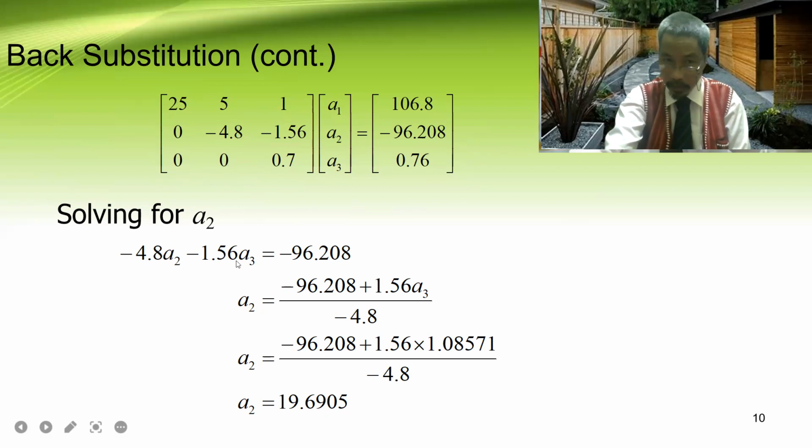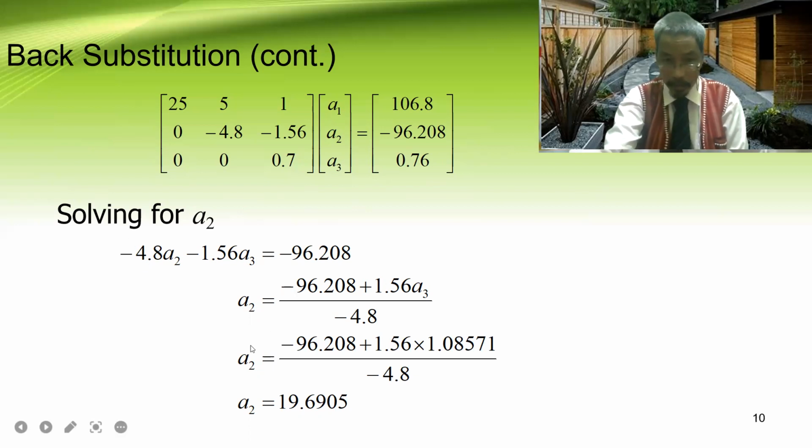Put this term to the other side, it will become positive. So negative 96.208 plus 1.56 A3. Then divide both sides by negative 4.8 because that is the coefficient.